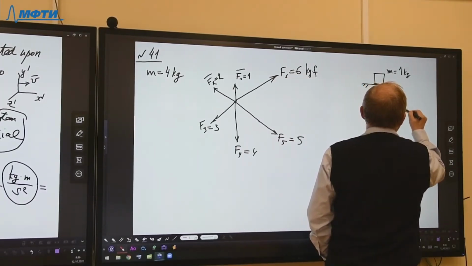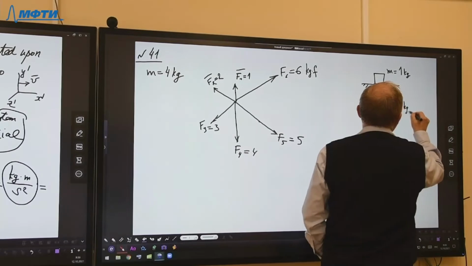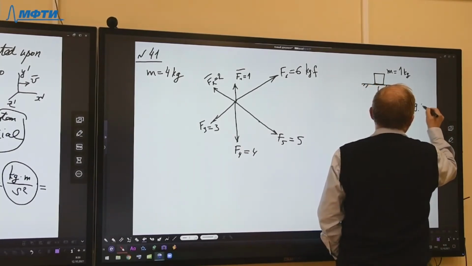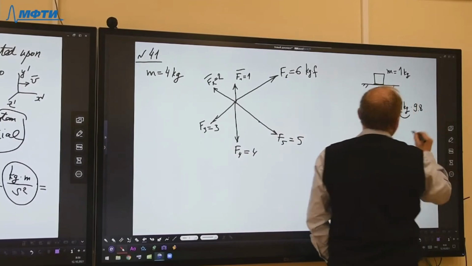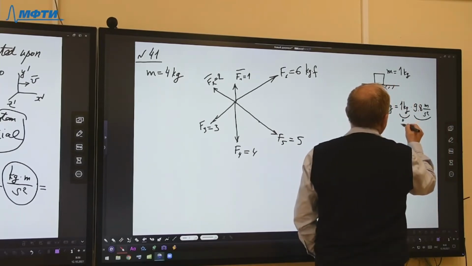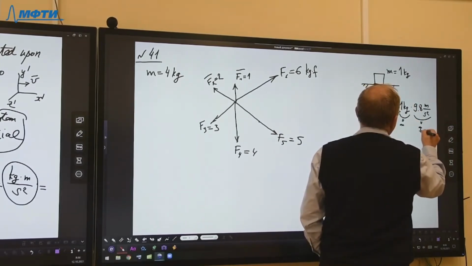It will be equal to 1 kilogram, the mass of the body, times g, the acceleration of free fall, 9.8 meters per second squared.